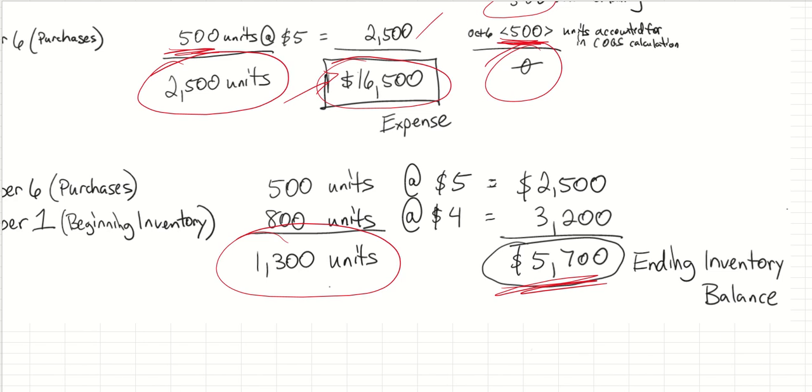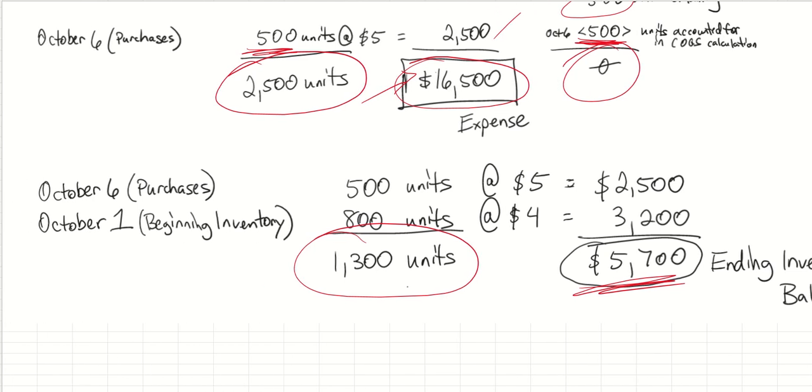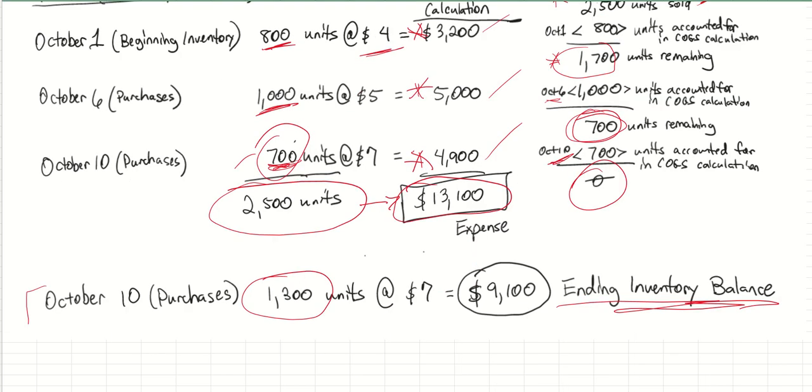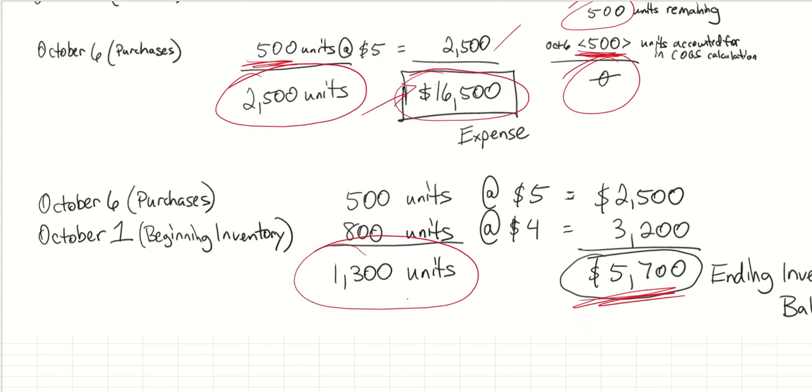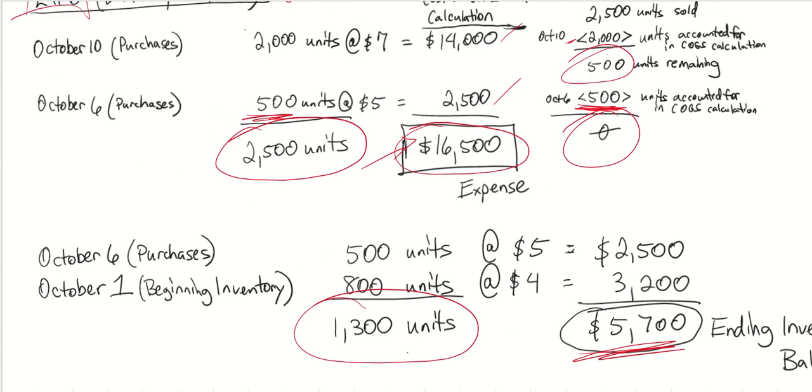So we can do a little comparison here between using a FIFO method and a LIFO method when it comes to recording the expense and valuing the inventory account. Under the FIFO method, the cost of goods sold that's recorded is going to be $13,100. Same scenario, but under the LIFO method, we have $16,500. It's a little more than using the FIFO method when it comes to what's being reported in cost of goods sold.